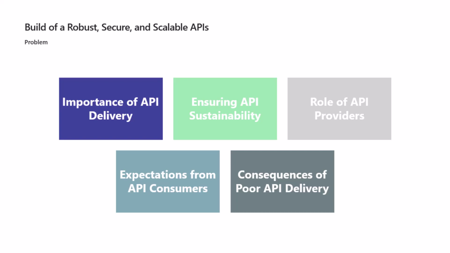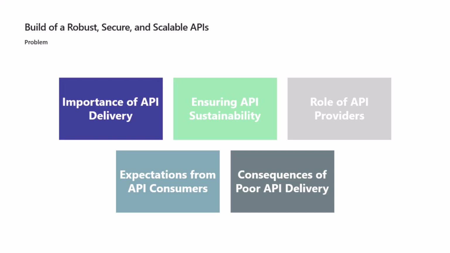Poor API delivery has far-reaching consequences for both API providers and API consumers, including high delivery and maintenance costs, poor customer experience and loss of revenue, missed business opportunities through lower productivity and slower delivery, and increased risk through poor security and identity management.